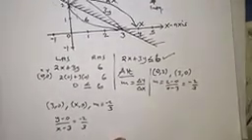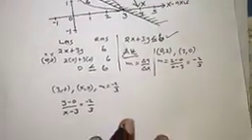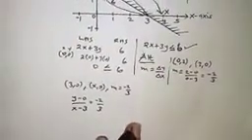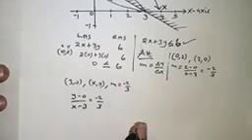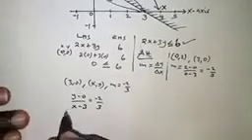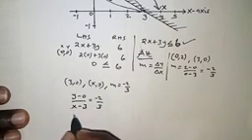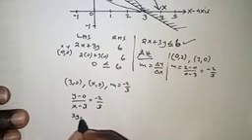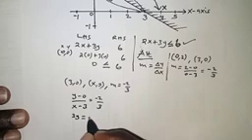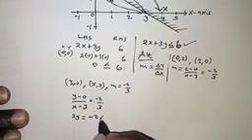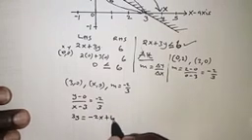When you cross multiply, we will have 3y is equal to negative 2x plus 6.